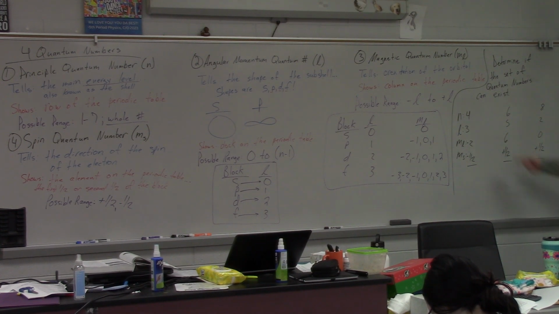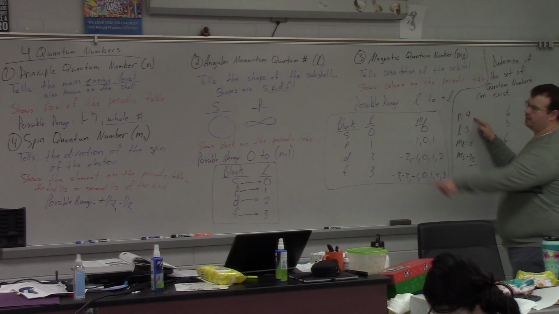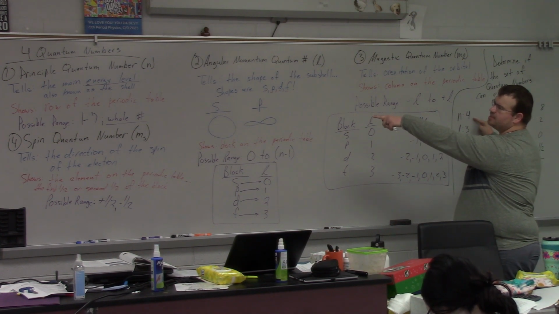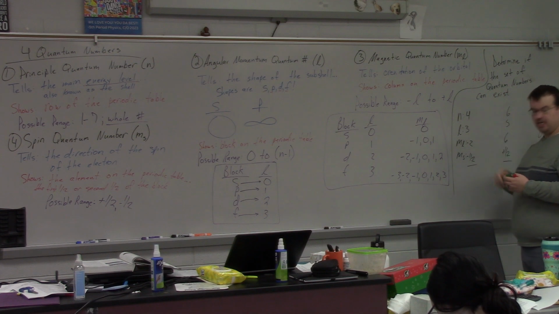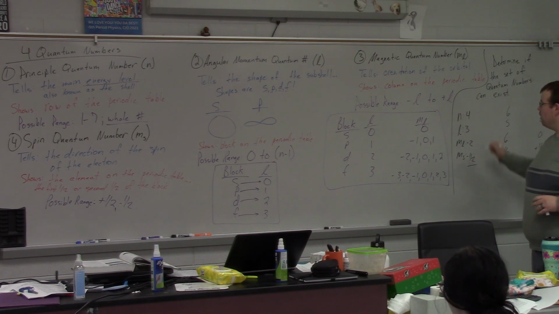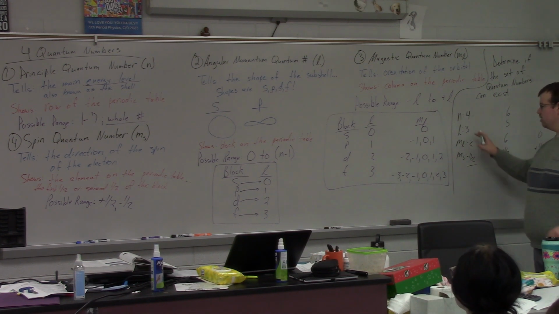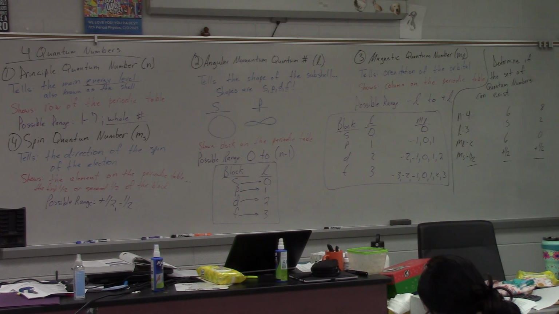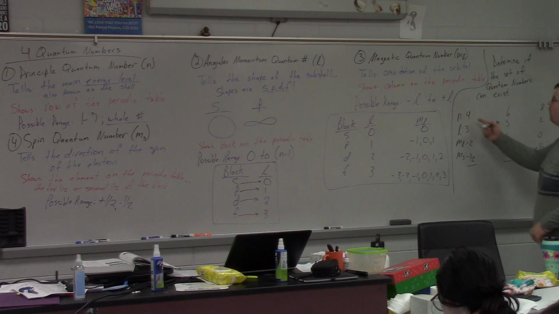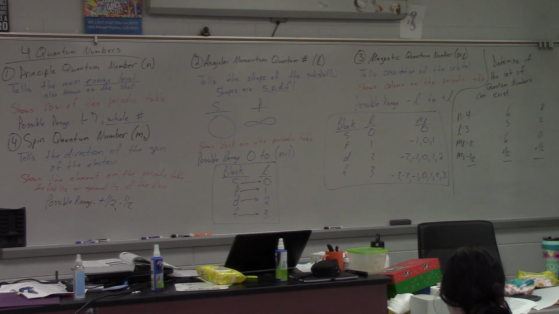So, n is 4. Can n be 4? n can be from 1 to 7, but it has to be a whole number. n is 4, so it can be 4. Go to the angular momentum quantum number, L. Now n is 4, so L can go from 0 to n minus 1, which is 3. So that's 0, 1, 2, or 3.